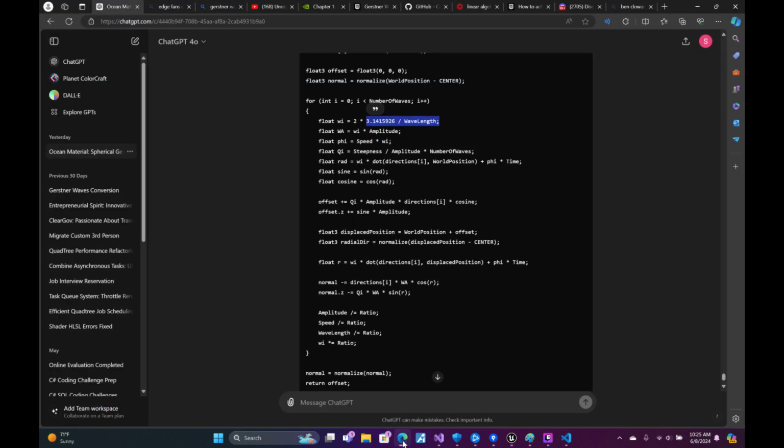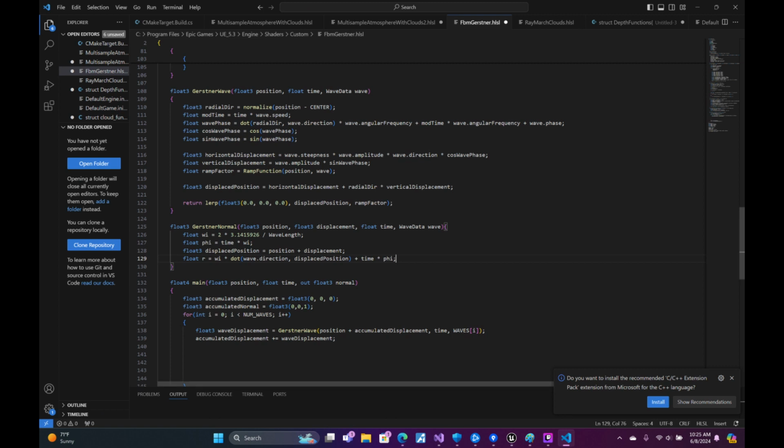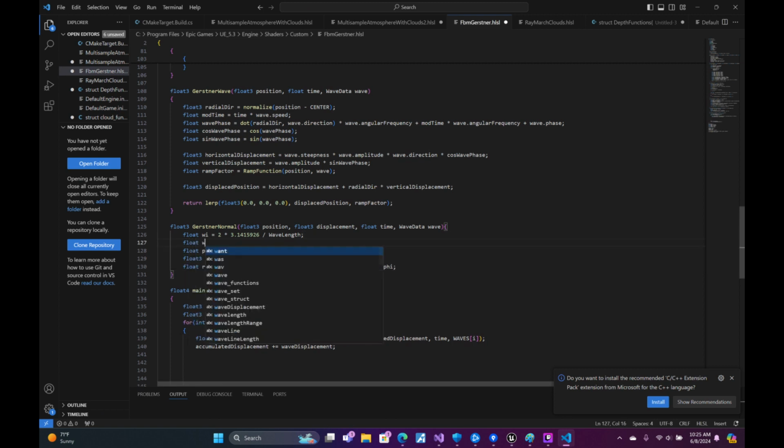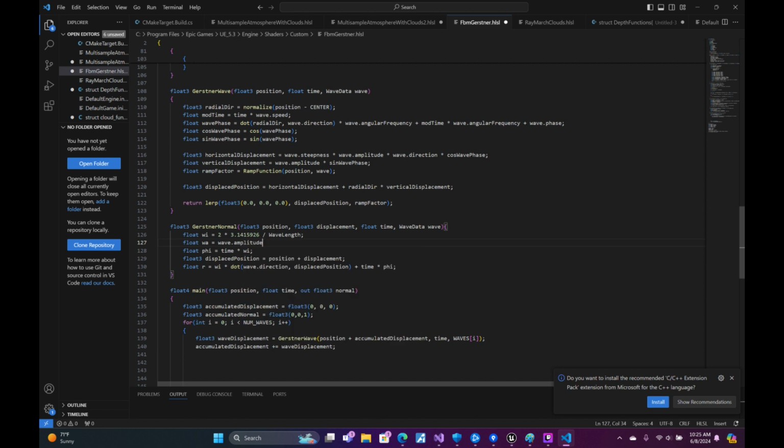Normal minus equals directions I times WA times cosine R. What was WA? Wave WI times amplitude. WA equals wave dot amplitude times WI.